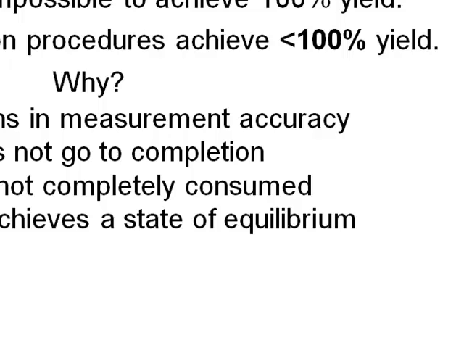And that causes you to have a less than 100% yield. The other thing that could happen is additional reactions can occur. You can have different reactions occurring that were not supposed to, or side reactions that occur between the chemicals in the system.